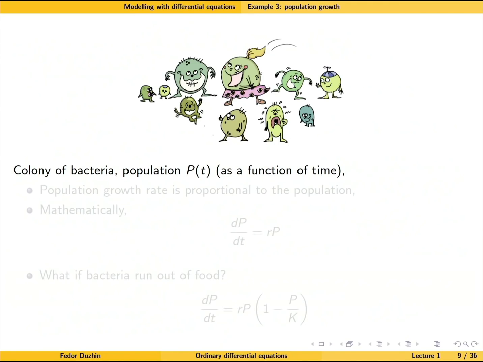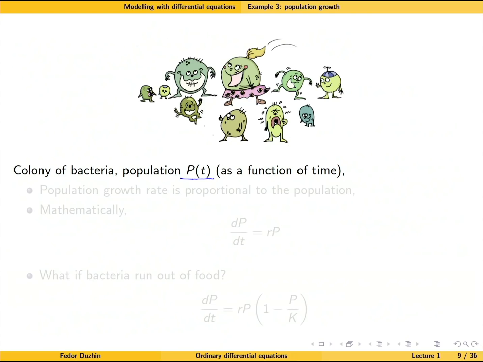Our third example: imagine a colony of bacteria. The population is P of t, where P is the population and t is time.